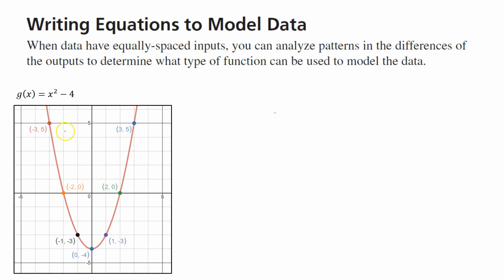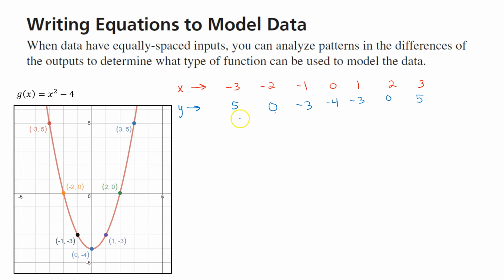If we look at a parabola, or quadratic function, we can look at the same inputs here. Now we'll look at our outputs. At -3, we're at 5; -2, 0; -1, -3; 0, -4; 1, -3; 2, 0; and 3, 5.